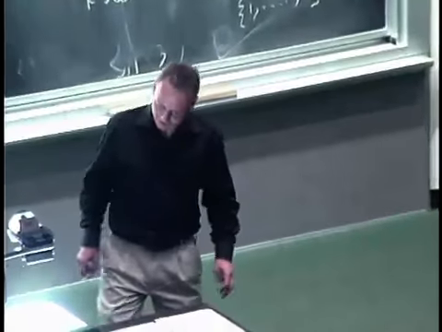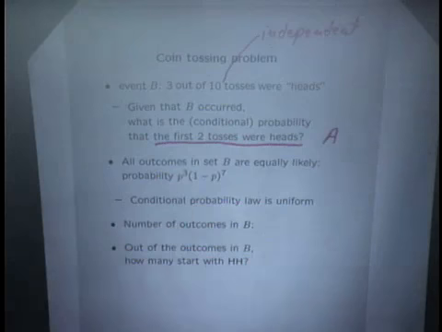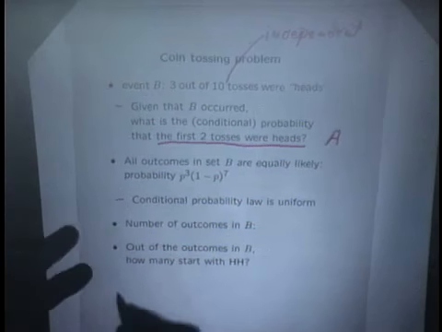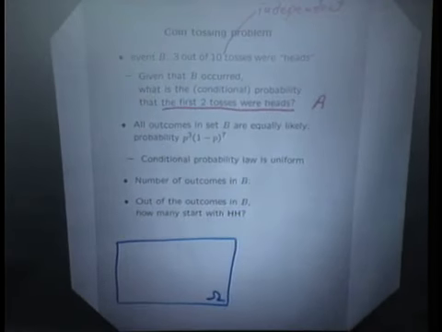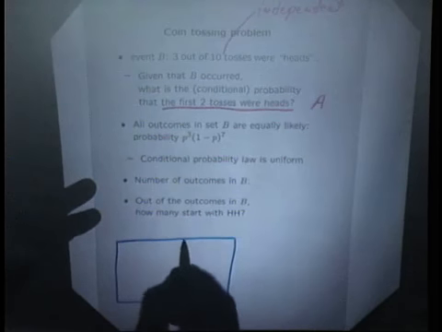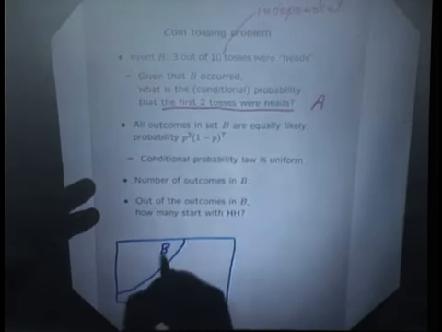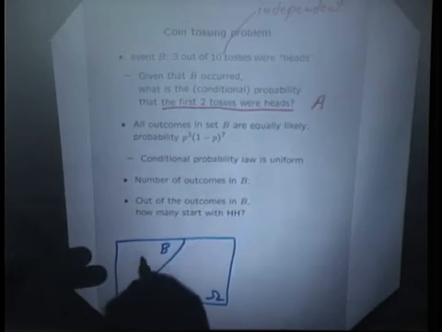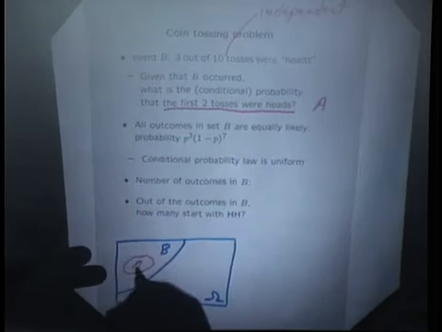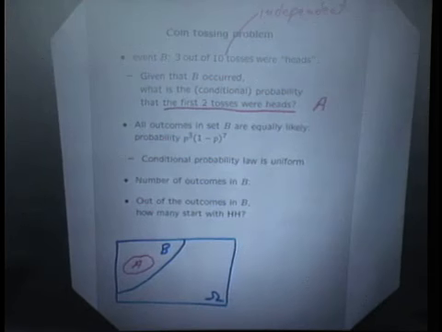Do we care about that? Not necessarily. All the action now happens inside the event B that we're told has occurred. So we have our big sample space, omega. Elements of that sample space are not equally likely. We are told that a certain event B occurred, and inside that event B, we're asked to find the conditional probability that A has also occurred.